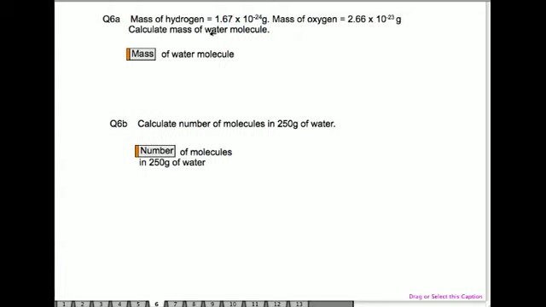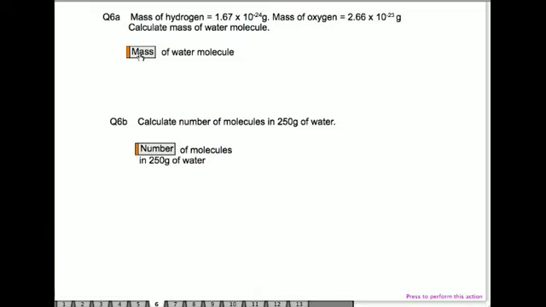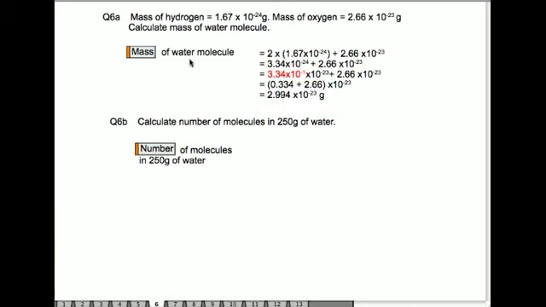Thus, to calculate the mass of a water molecule, which is 2 hydrogen and 1 oxygen, we have two times the mass of hydrogen, 2 atoms of hydrogen, and 1 atom of oxygen. We first multiply the 2 with 1.67 to give us 3.34. We don't multiply 2 into the power of 10.